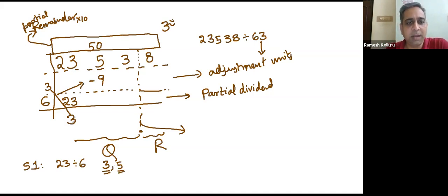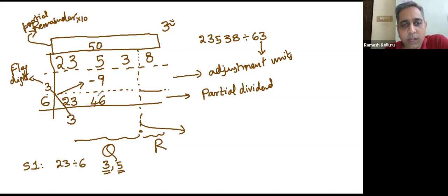The quotient 3 I am writing here, and the remainder 5 is passed as 50 here. Then this 3 is the quotient times the flag digit 3. This we call the flag digit. I hope everyone is clear till this point. Yesterday we did this, right? So 55 minus 9 is 46.